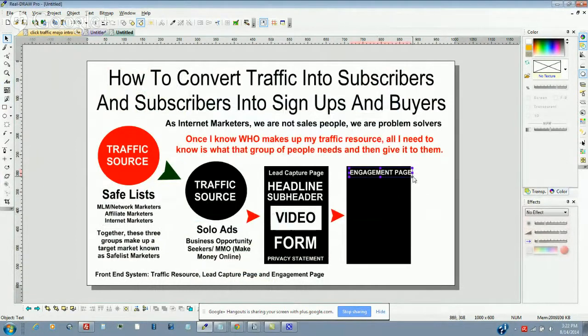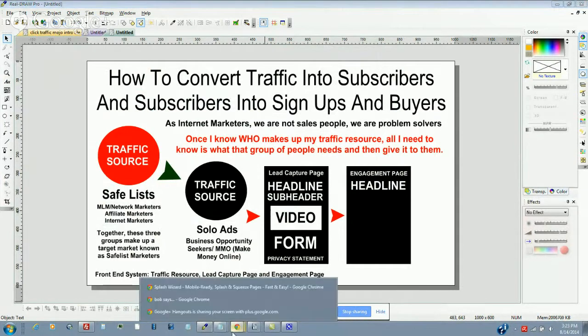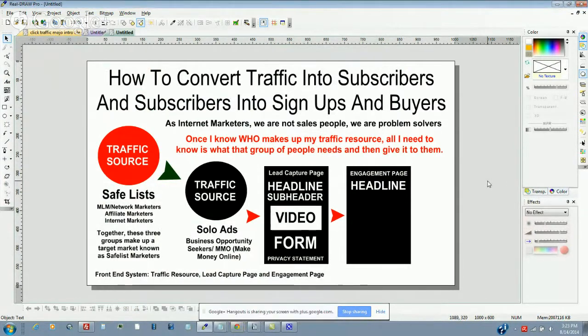Okay. Again, it's going to have a headline, and it may or may not have the same headline as my lead capture page.